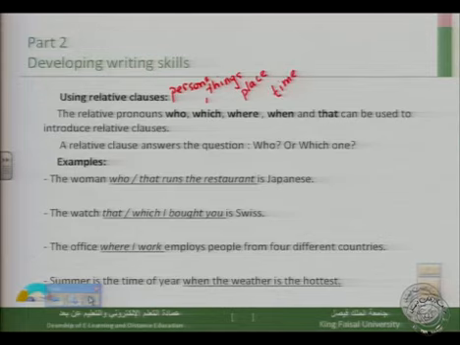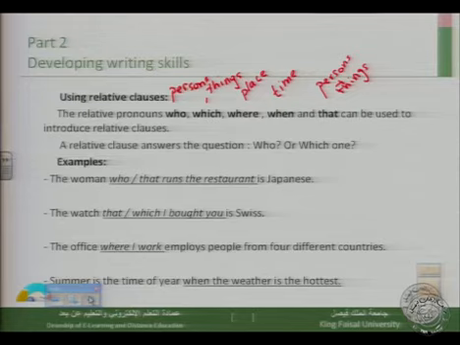And that can be used both with persons and things. So we have here a relative clause that answers the question who or which one.